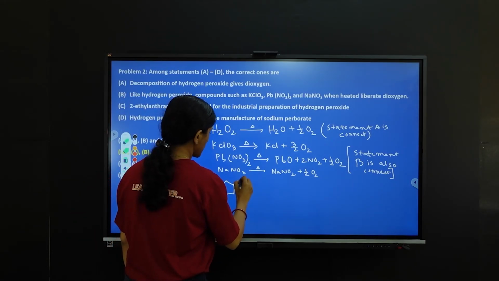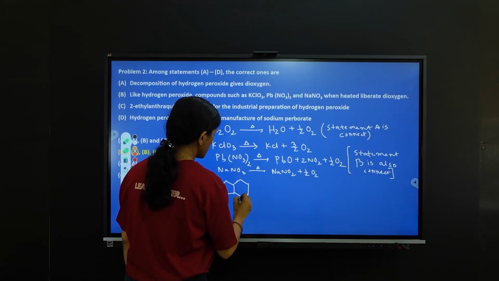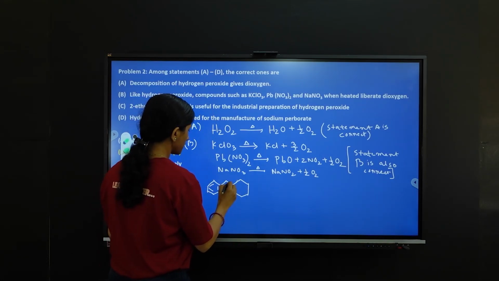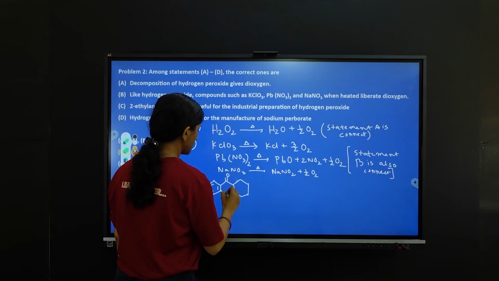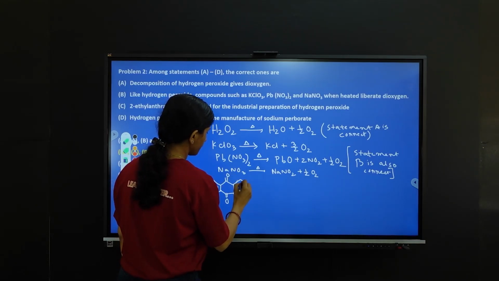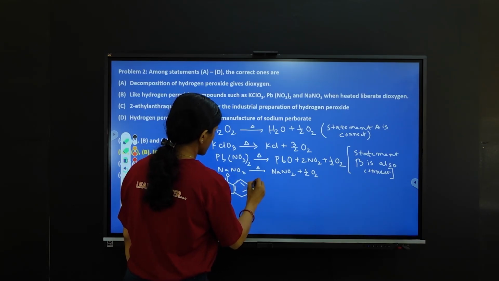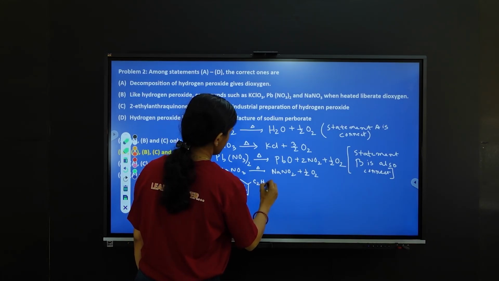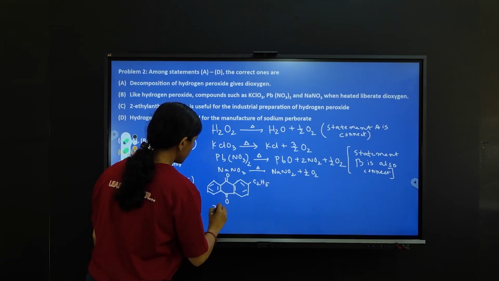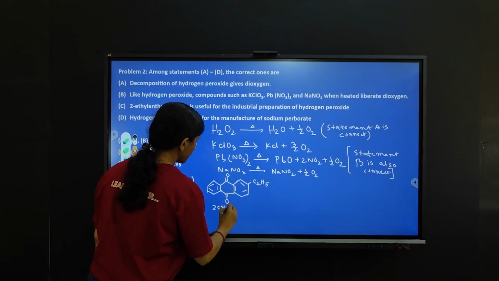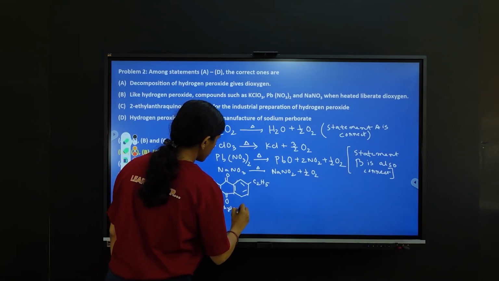So 2-ethyl anthraquinone looks like this. So this is our 2-ethyl anthraquinone.